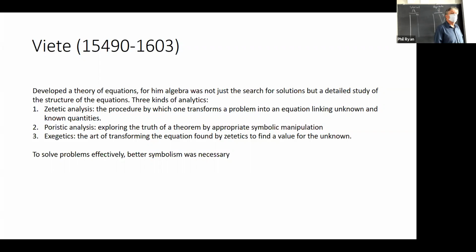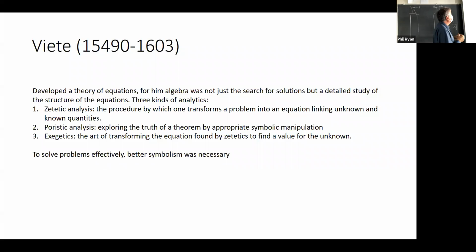I want to finish off by looking at a couple of people who were really important. The Frenchman Viète is right at the end of the time period we're looking at, and he's a key person in looking at a modern way of doing algebra.